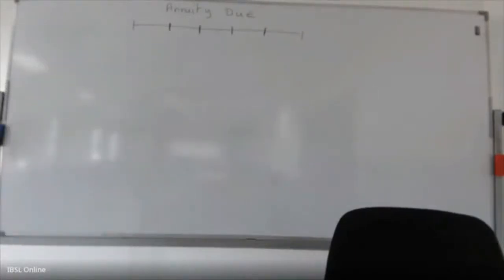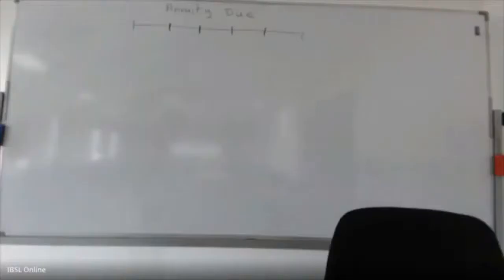Then what is an ordinary annuity? The cash flow occurs at the end of the time period or the interval. Then what is annuity due? The cash flows received or paid occur at the beginning of the period.